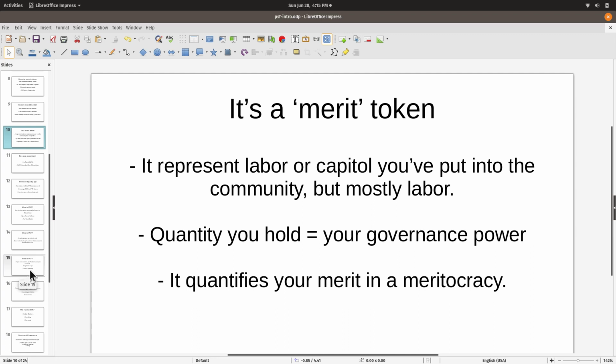So the quantity that you hold is the power that you have to participate in governance and shape the direction that the foundation takes, or the community really. It's intended to quantify your merit in a meritocracy. So the Permissionless Software Foundation is really intended to be a meritocracy, a community ruled through merit.